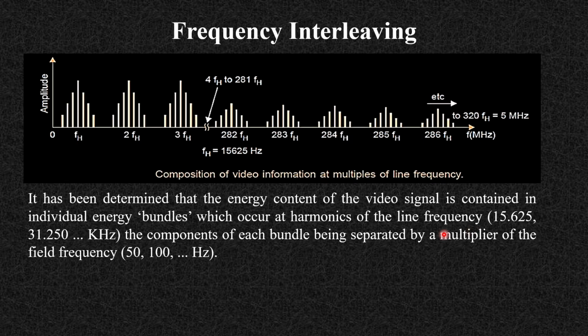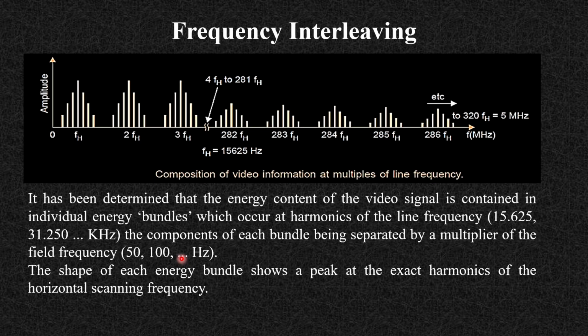Sometimes the horizontal frequency is also called the line frequency, as it is the number of lines in 1 second. So you have 15.625, then 31.250, that is twice fh. The components of each bundle are separated by multiples of the field frequency, that is 50, 100, 150, 200 and so on.